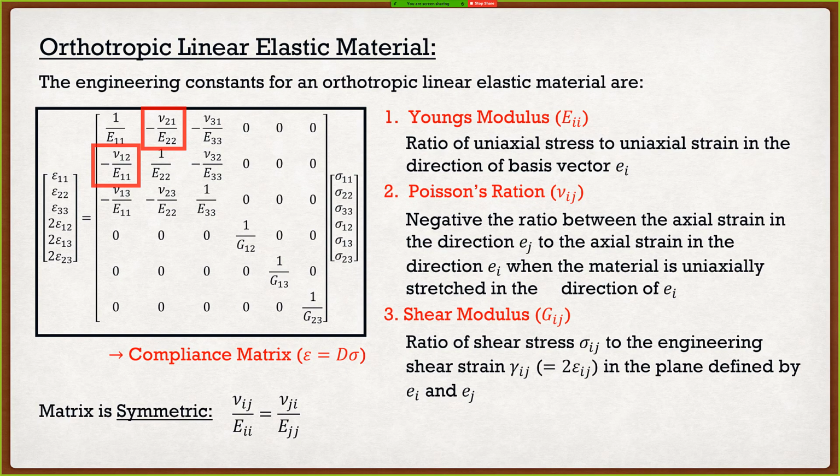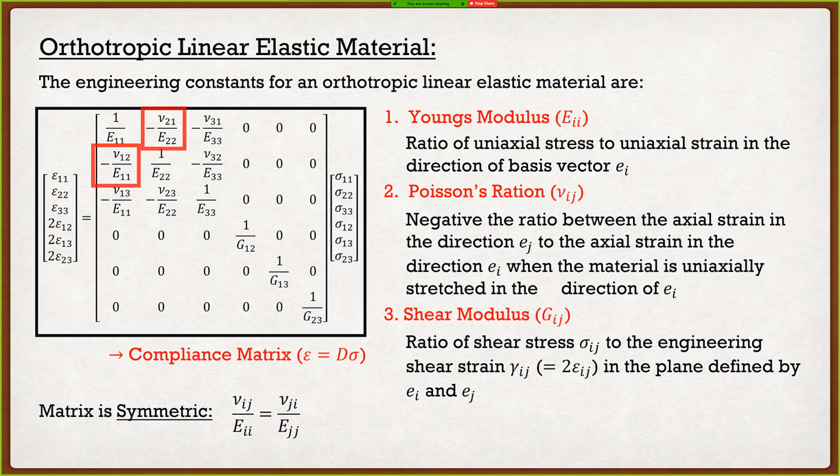In the top row, I have the Poisson's ratio 2,1 divided by E22. On the other side, I have the Poisson's ratio 1,2 divided by E11. So even though the components are completely different, we know that their values must be the same because of the symmetry. It makes our lives a little bit easier. Now, what's going to make your lives a lot easier is that we don't really deal with orthotropic materials too often, at least for civil applications.